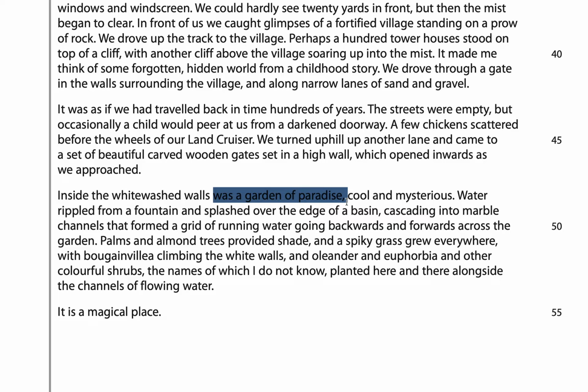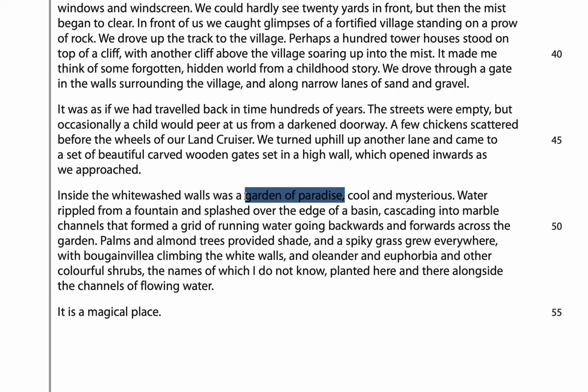Garden of paradise. Now this creates a spiritual serenity, doesn't it? Who says this? This is more like a religious thing. Religion promotes the idea of a garden of paradise, something like Eden, right?